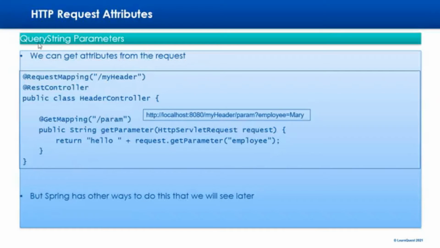It's called getParameter. The request argument is okay. Spring Boot is saying, I know what that is, don't worry about it, I'll inject in a handle to the request object. We can get the parameter employee and get Mary and return hello Mary. We have other ways to do this that are far more convenient. We'll see those later on in the course.